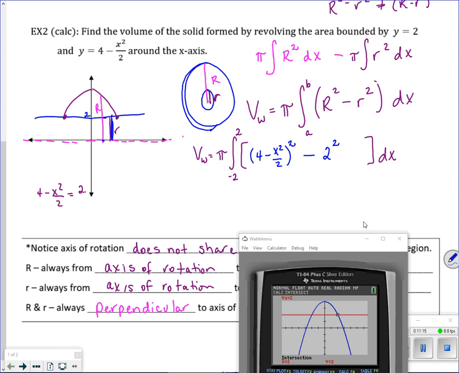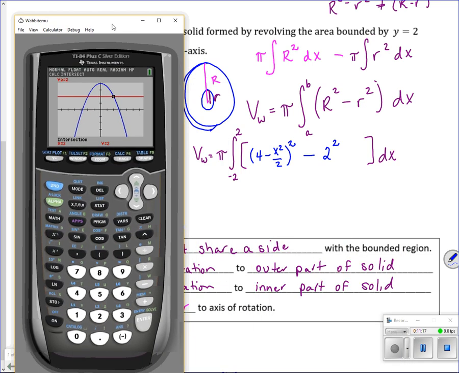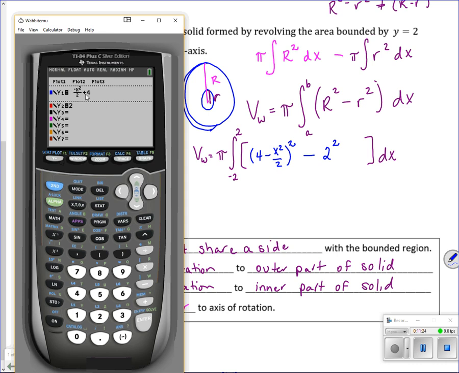And then I get on my calculator. You do need to practice typing this in. Remember as well that when you type things in, like I have this already stored in Y1 to save you some parentheses. If I'm going to do this, I hit Math 9. And usually these don't give you very many pretty values. So I'm going to go ahead and just stick my pi in there so I don't forget to multiply by it. I'm going to go -2 to 2.